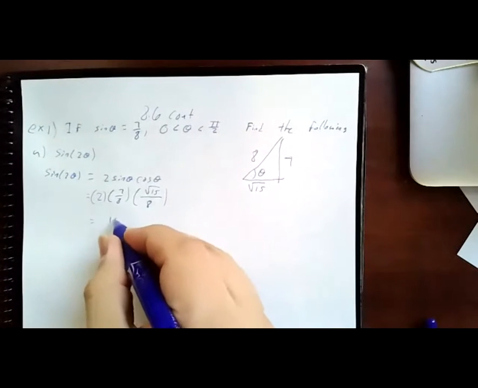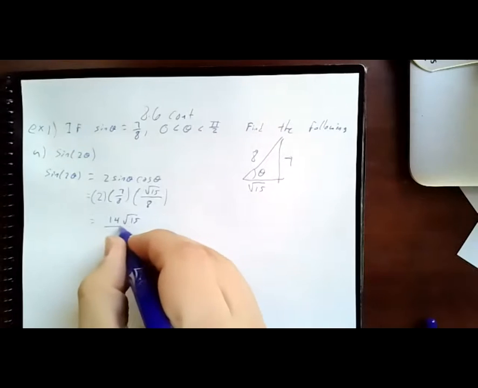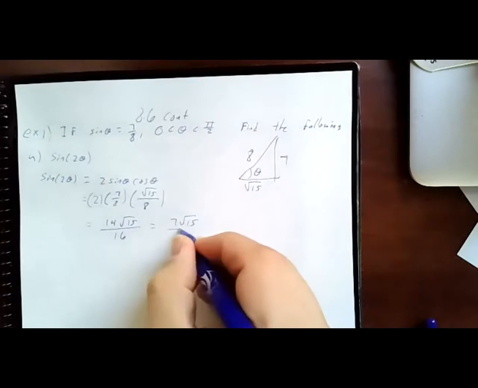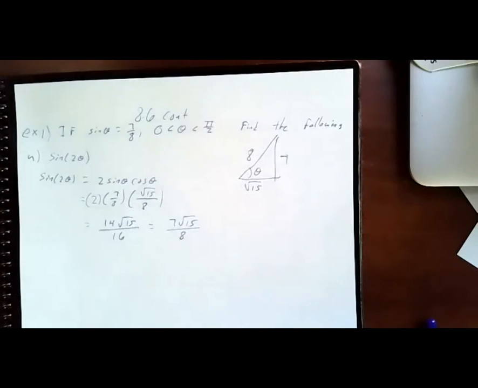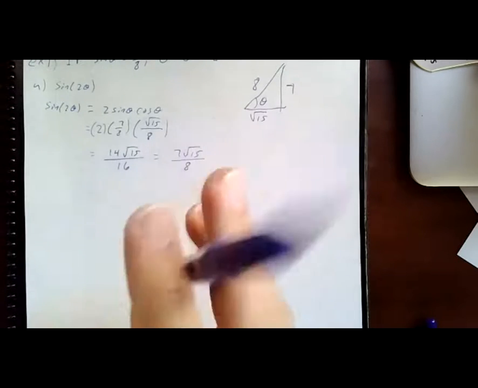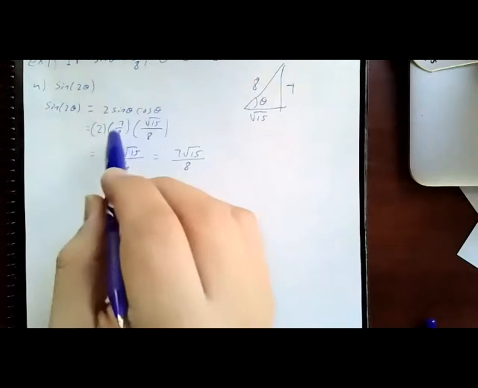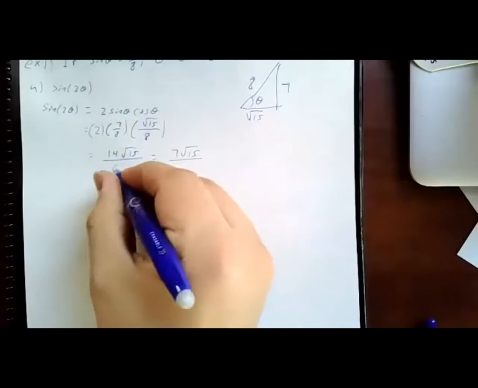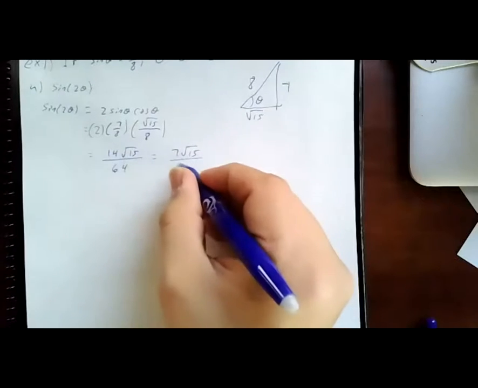So that will be 14 root 15 over 64. Oops, 8 times 8 is 64. Reduce that and it gives us 7 root 15 over 32. There we go.